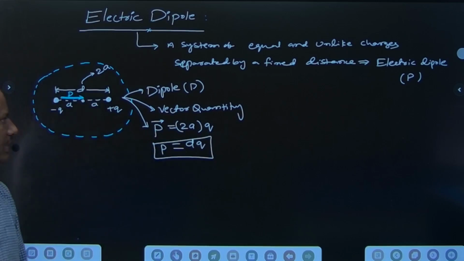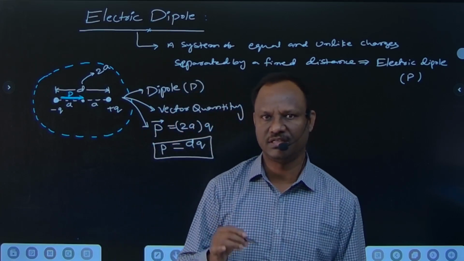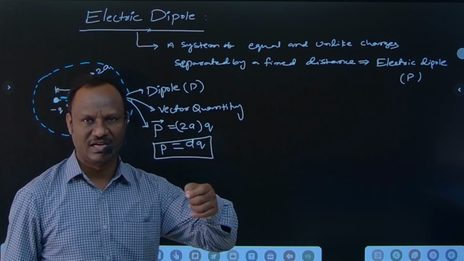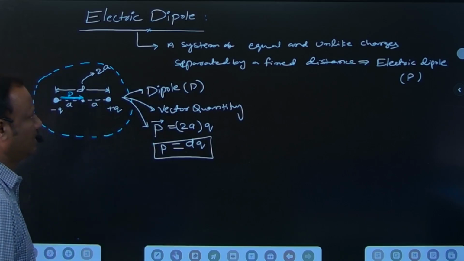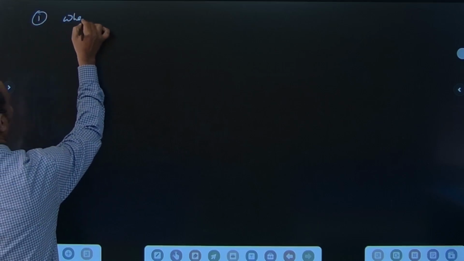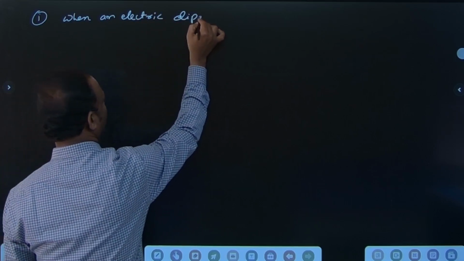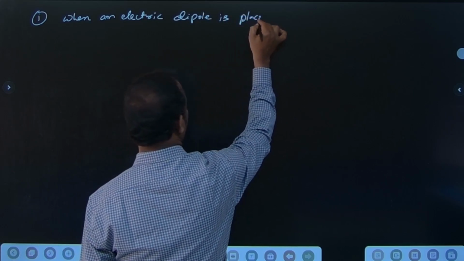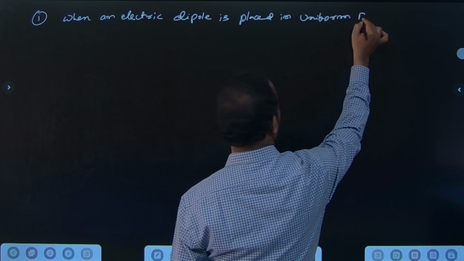The next concept is an electric dipole placed in a uniform electric field.